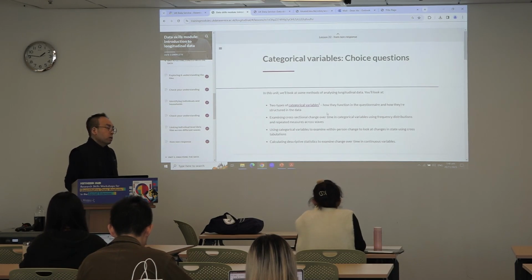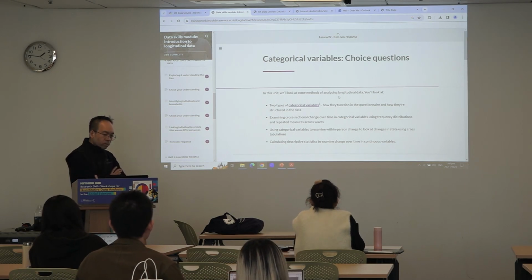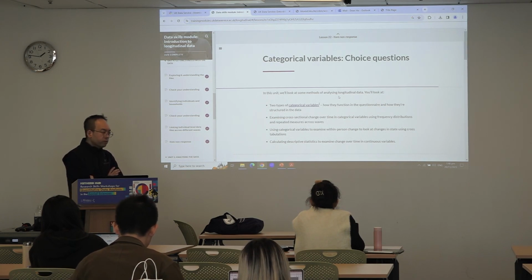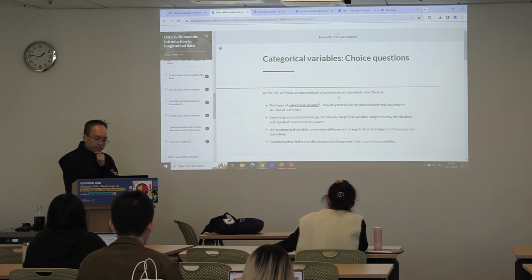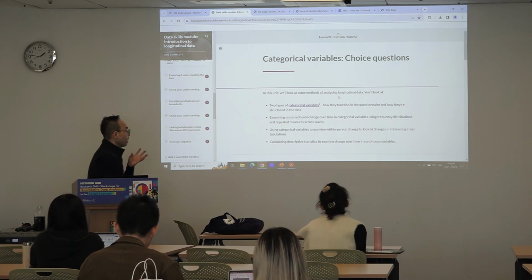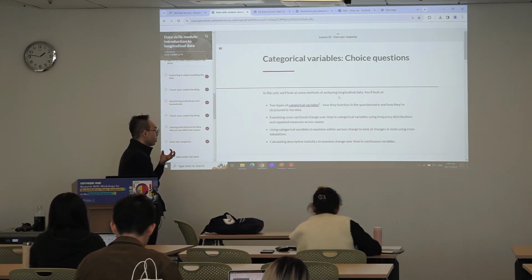Basic questions with the variables: there are a lot of them, categorical, numerical, etc. Analyzing longitudinal data, similar to analyzing survey data, you have to take a look at the different types of categorical variables, how they function in the questionnaire, and how they are structured. And if you're looking at one wave, which is cross-sectional, over time you can use frequency distributions and repeated measures across waves.